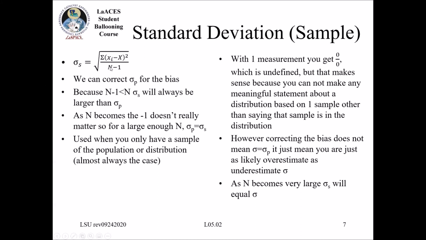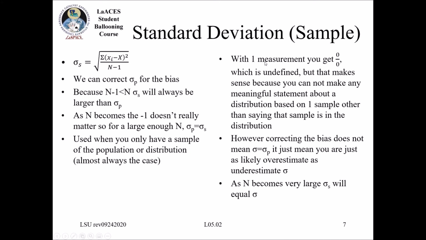And you can tell that's always going to be a little bit bigger. But as n becomes really big, the difference between n and n minus 1 doesn't matter, they effectively become the same thing. Dividing by 1,000,001 is the same thing as dividing by 1,000,000 for most cases.